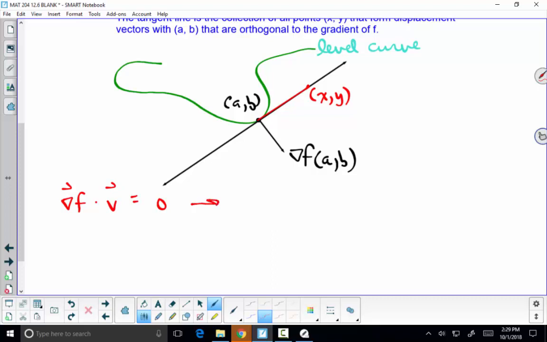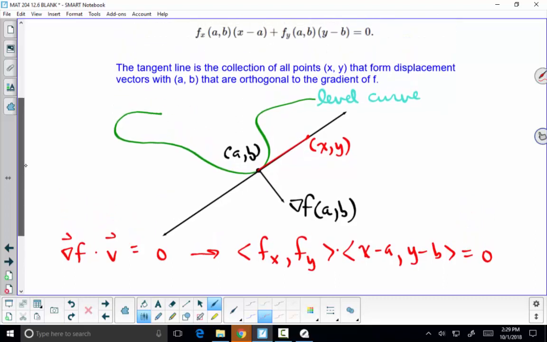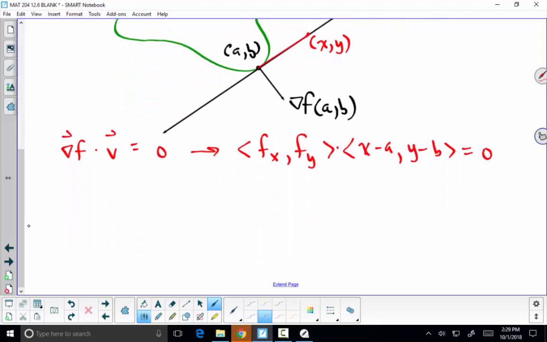That tells us that we have f sub x comma f sub y dotted with x minus a, y minus b equals 0. So that's how they come up with that equation just above: f sub x times x minus a plus f sub y times y minus b equals 0. So that's just another way to find a line in two-dimensional space.